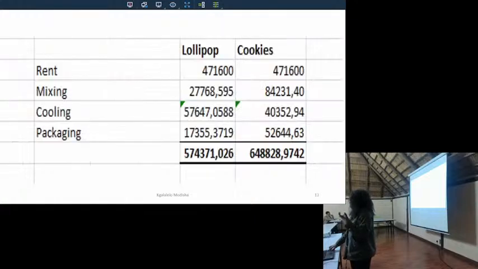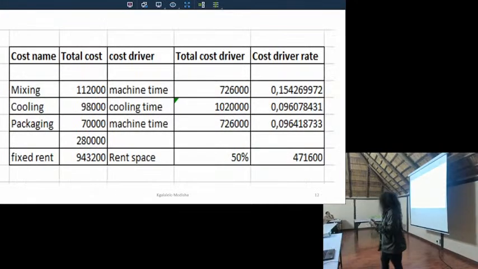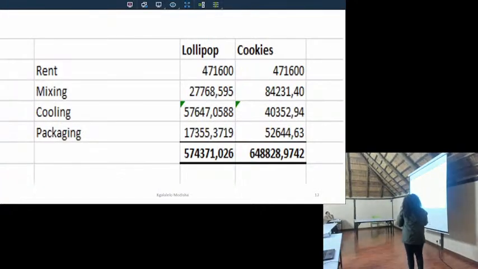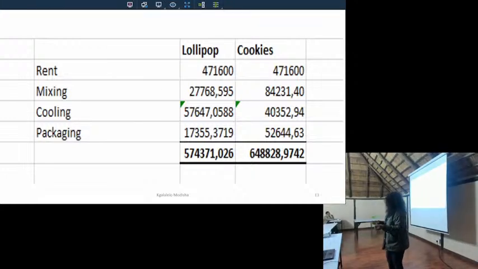But the question had asked you for the total, right? For the products. It didn't ask you to leave me with the table and make sense of it, right? So, do you agree that, so we talked about the rent, it's 50-50, right? Now for the mixing, now you start going back and saying, okay, how much of the mixing did Lollipop use based on the machine hours?